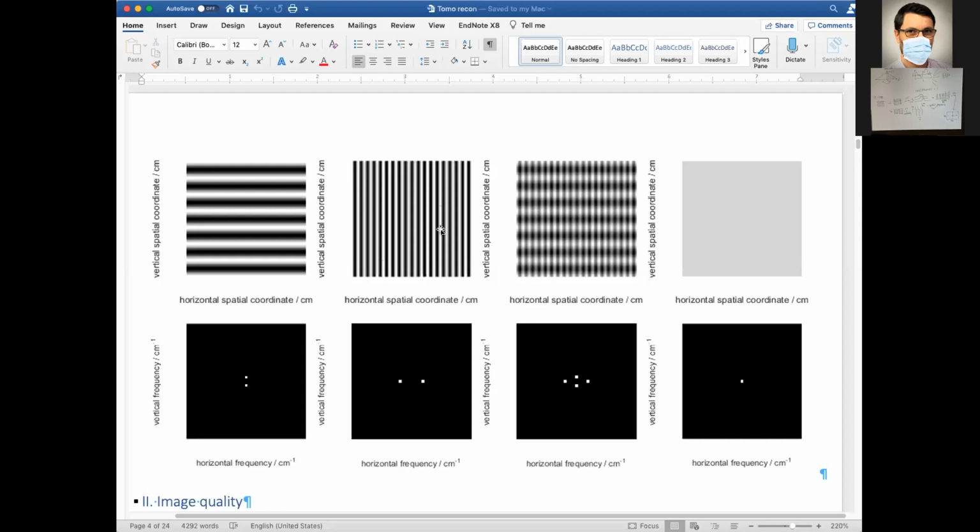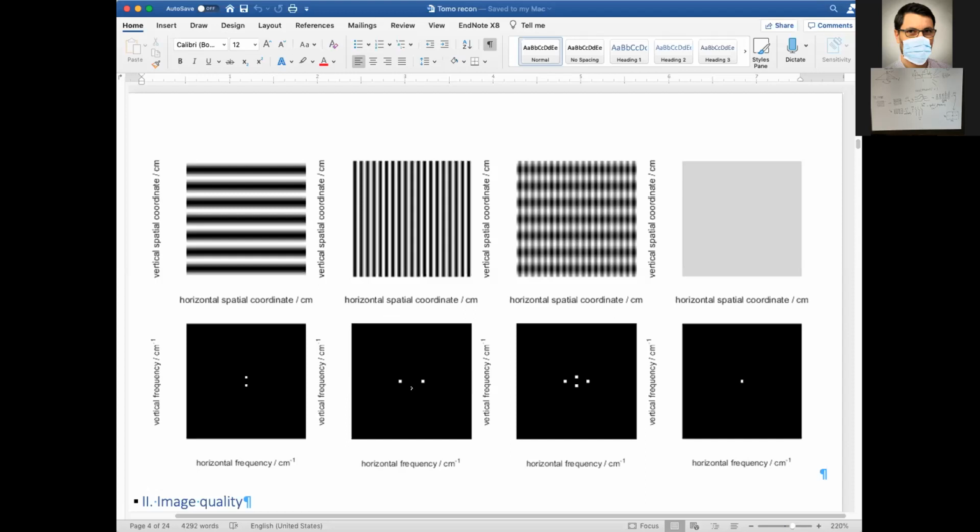Now the second one, shown in the second row, again has alternating stripes, but this time the stripes alternate across the horizontal dimension. Also, the stripes are more closely alternating, so the repetition rate is faster. That means there's higher frequency. When we look at the 2D spectrum obtained through this two-dimensional Fourier transform, you can see that the points that have non-zero amplitudes are on the axis here.